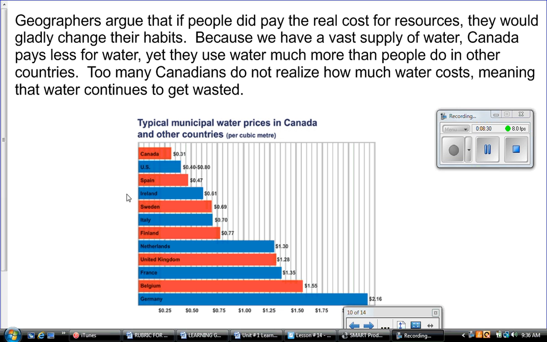But what this graph does not take into consideration is the fact that we have so much water that we don't have to charge people as much to use it, but we're still wasting our water far more than countries that on this graph are paying much more for water.